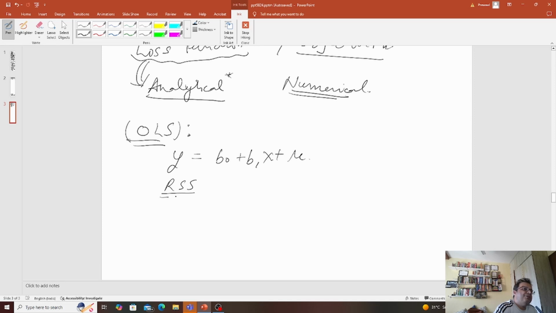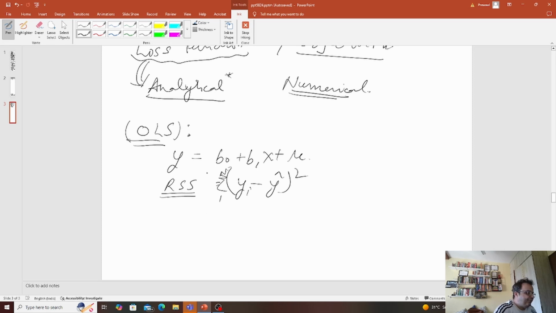Some of these abbreviations are very basic, so I'm not going to write what RSS means. It means residual sum of squares. So it means your calculated value minus your actual value, and you find the sum of squares for that. Okay, and then you do this for all of your values from 1 to n.